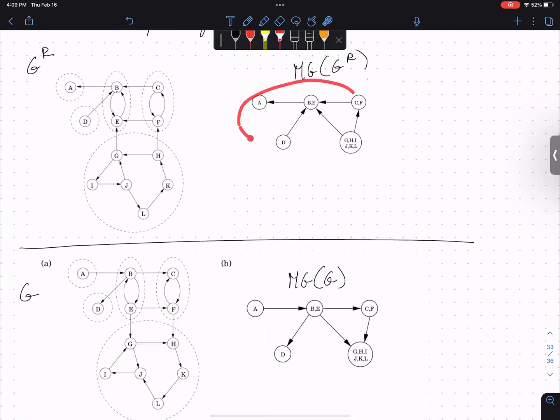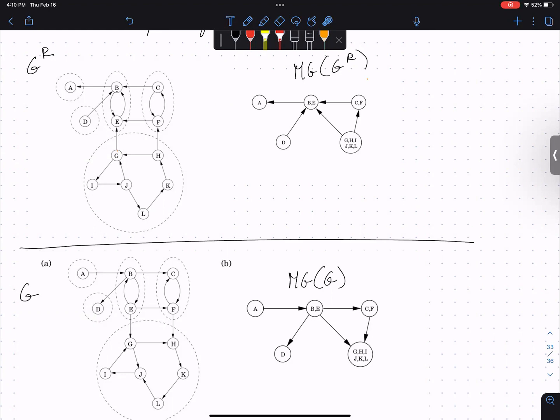What happens to the components in the graph of the reverse? They don't change. They don't change because two vertices that were connected in a graph are still connected in the reverse graph. If there is a cycle in a graph, that's still a cycle in the reverse graph. It's just going the other way. So things are still connected.